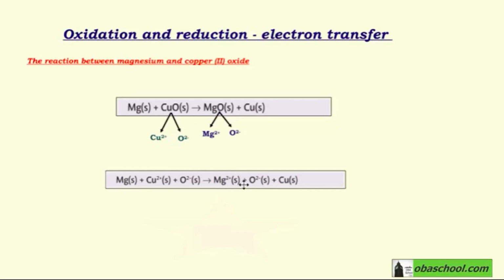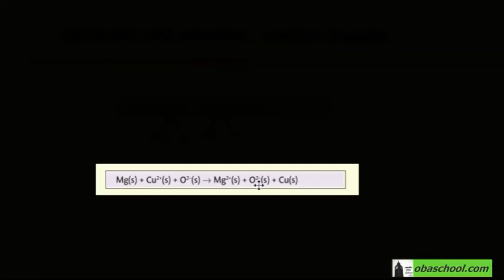As you can see right here, magnesium, Mg, became magnesium 2 plus. We said whenever an ion has the symbol plus, it means that it lost electrons. So any element or ion having a plus sign indicates that it lost electrons.